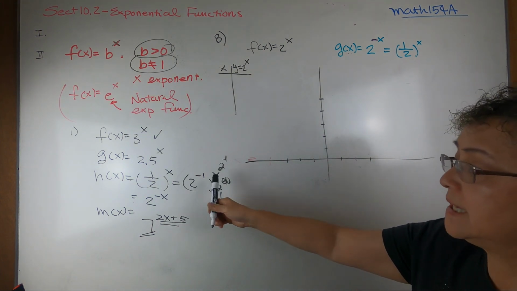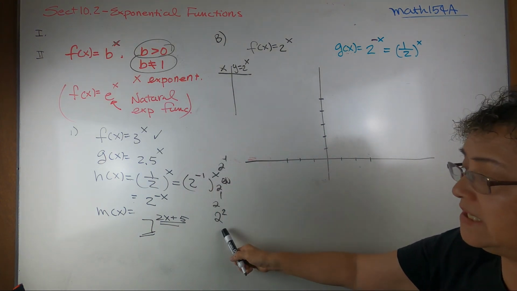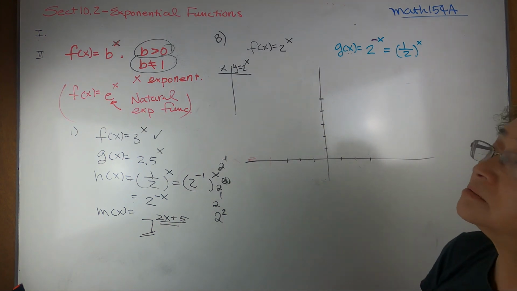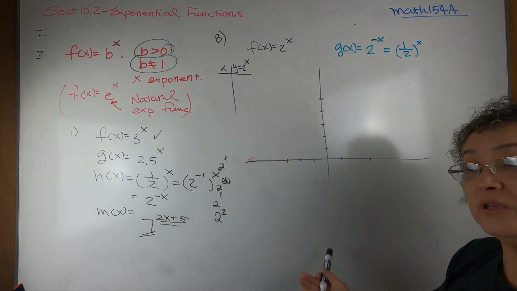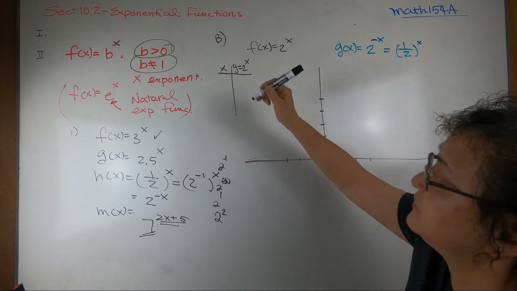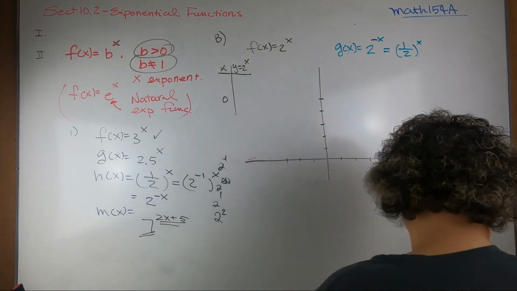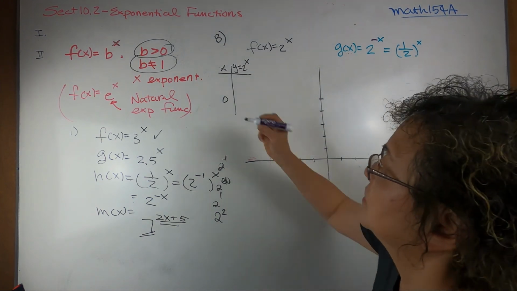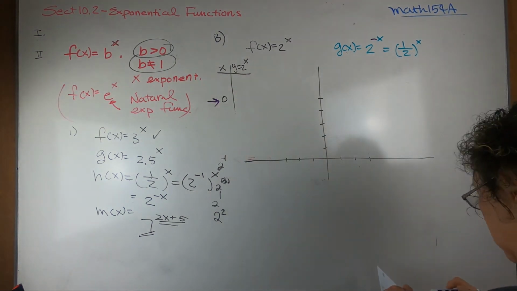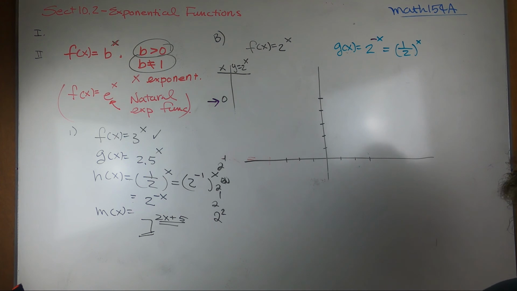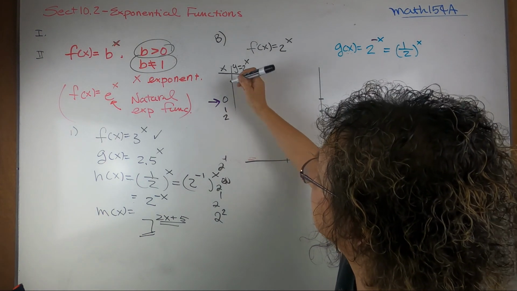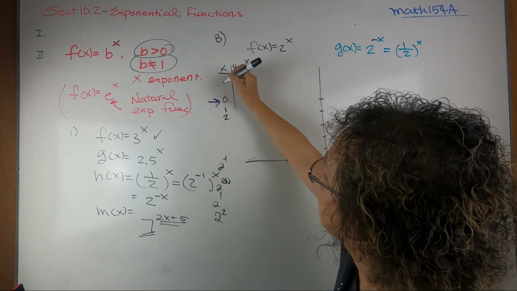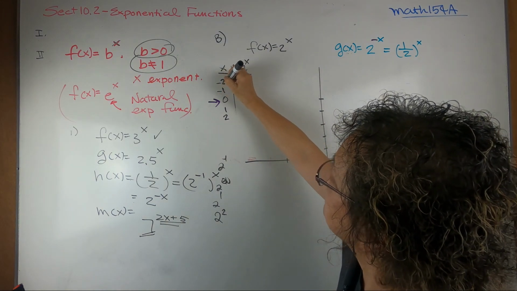Powers can be positive or negative or 0, right? So if it can be positive or negative, then we usually put the 0 in the middle. Okay? So, put the 0 in the middle: 1 and 2 and negative 1, negative 2.